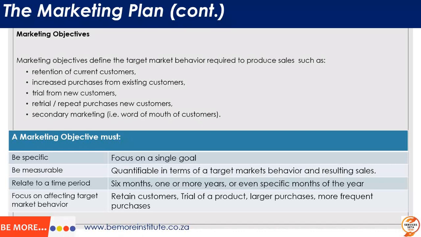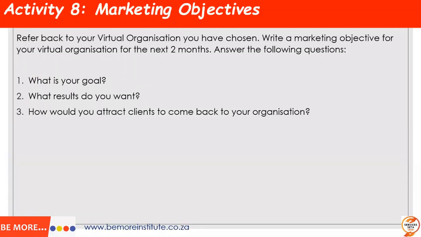So this is how you should look at it when you're asked to come up with marketing objectives. These are the kind of objectives that you look at when you are trying to craft marketing objectives.